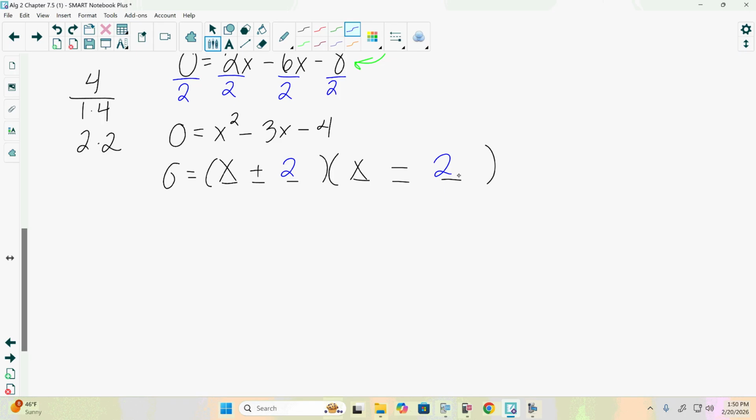x plus 2 times x minus 2 is the factors for a difference of perfect squares, because the middle term would cancel out. So we actually want 1 and 4.